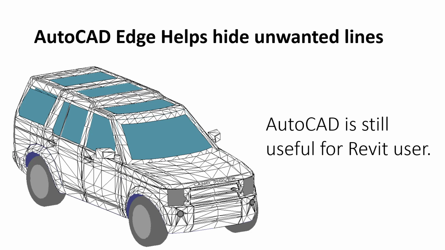So AutoCAD still has its place. I use it constantly because it helps us model things properly, and it also helps break apart which component is on which layer, so that when you import into Revit, you have a better way of controlling things.